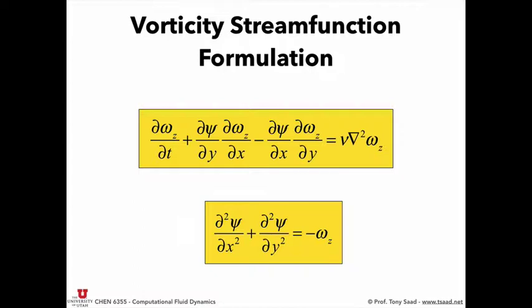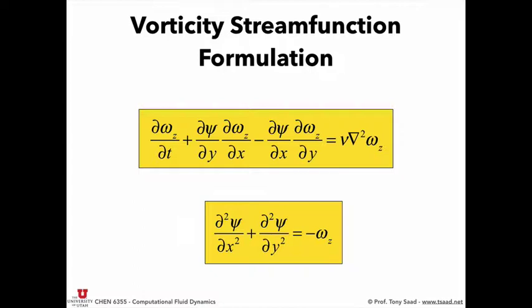Okay. So now the algorithm: we have the governing equations. Given an initial state of vorticity, you don't need an initial state for the stream function because we're not transporting the stream function in time. So there's no need for an initial condition for the stream function. We only need boundary conditions for the stream function and vorticity, but the initial condition is going to be on vorticity.